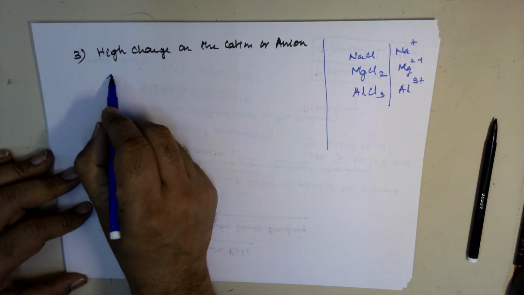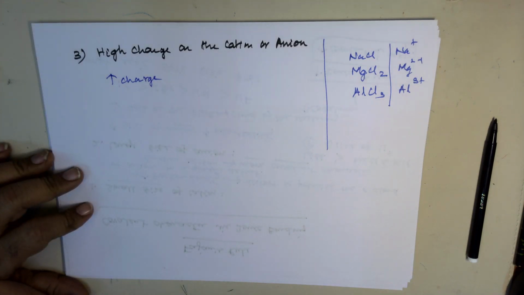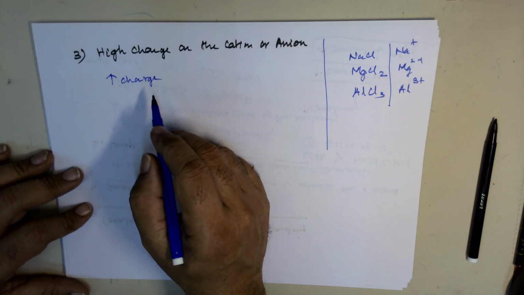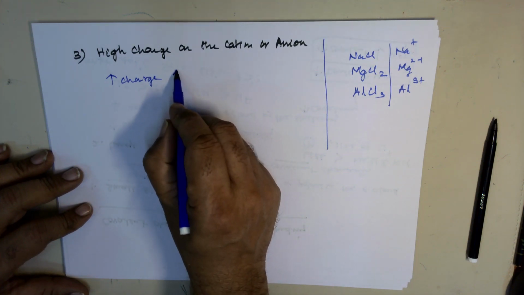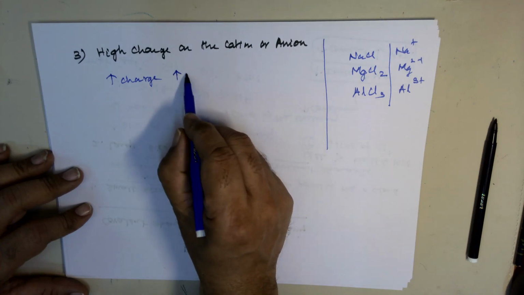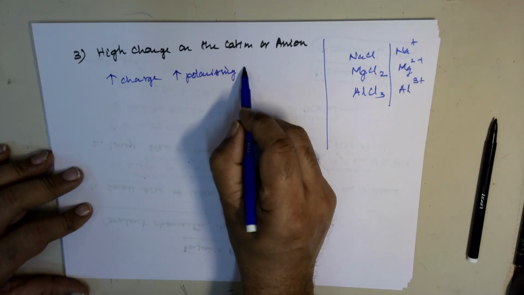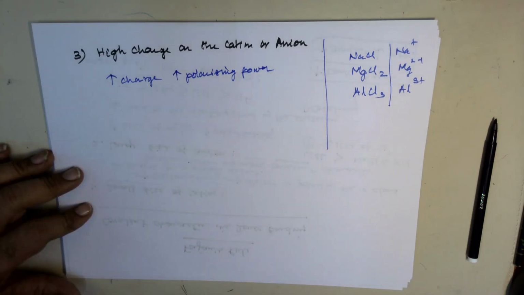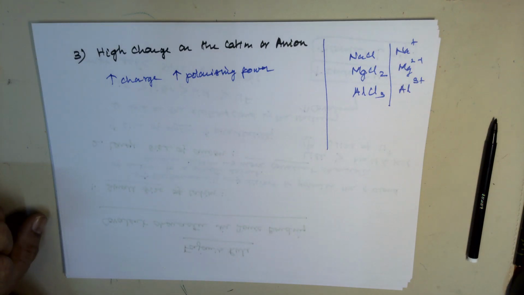So higher the charge on the cation, greater is the polarizing power, because the cation attracts the electron cloud, right?